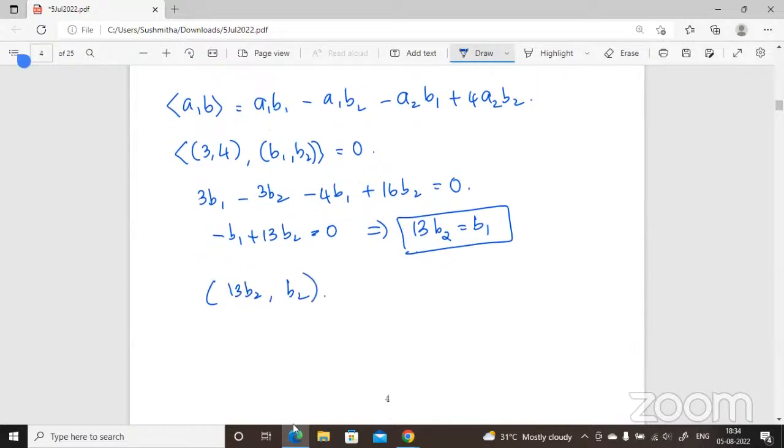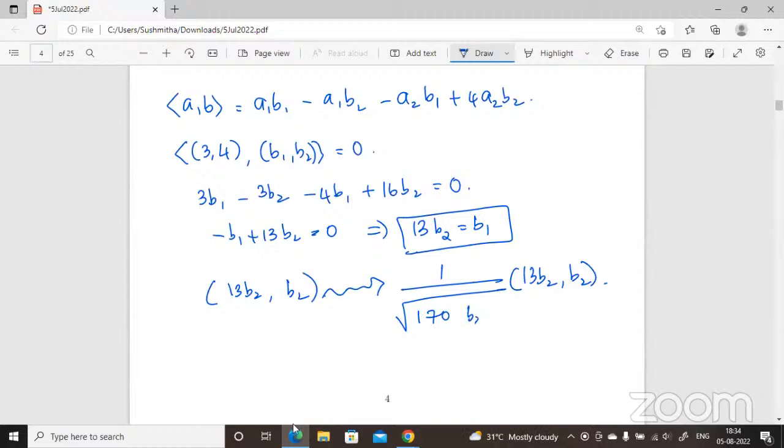What will be the unit vector in this direction? 13 square is 169. 169 plus 1 is 170. So it's going to be 170 B2 squared.